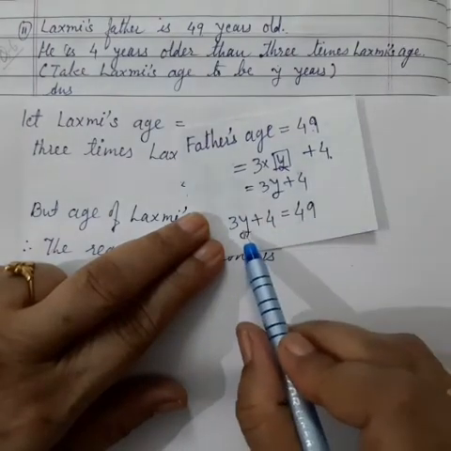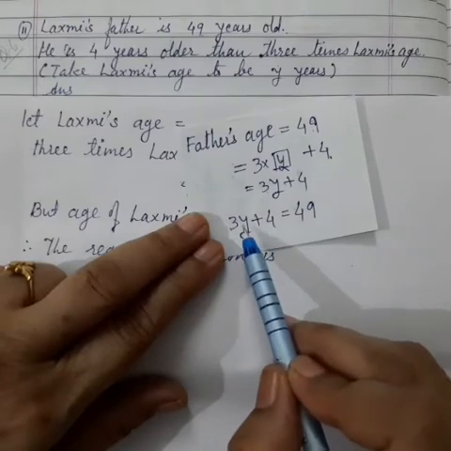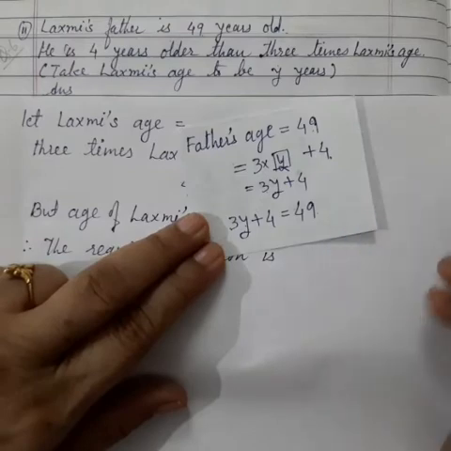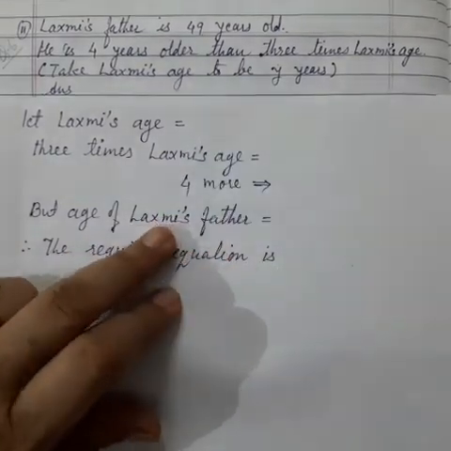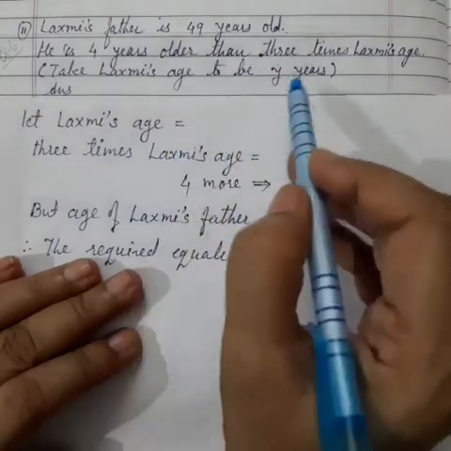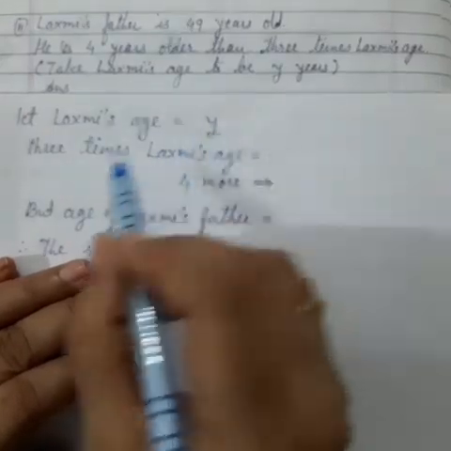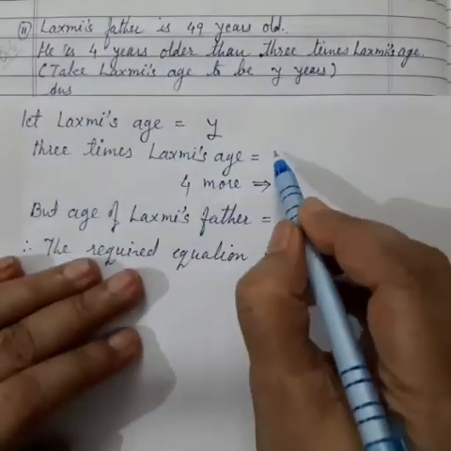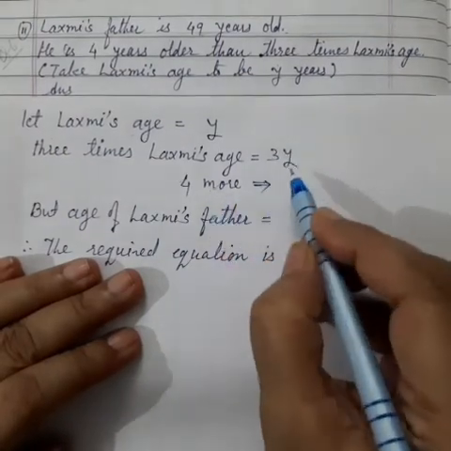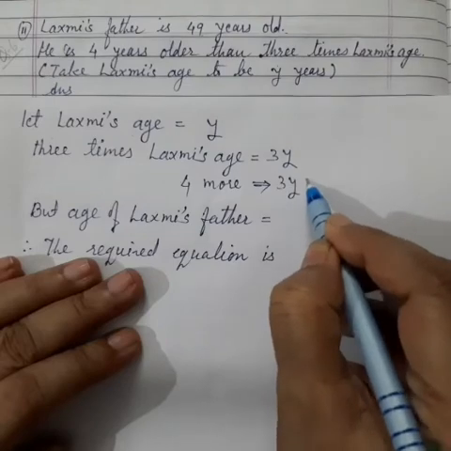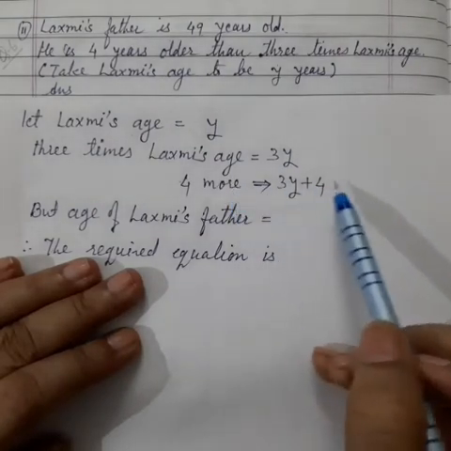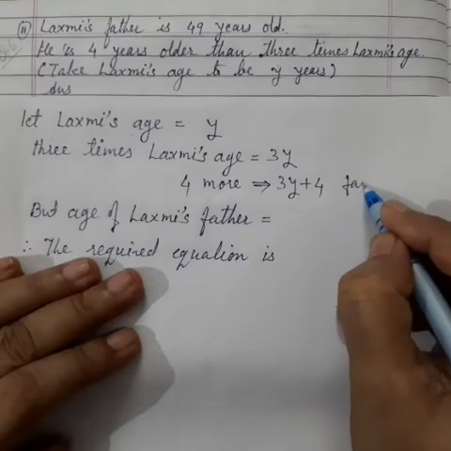This is the condition on this variable. 3 times the variable plus 4 gives us 49. So let us see now, write properly. Let Lakshmi's age be y years. 3 times Lakshmi's age means 3 into y. 4 more than 3 times Lakshmi's age, and this is Lakshmi's father's age.